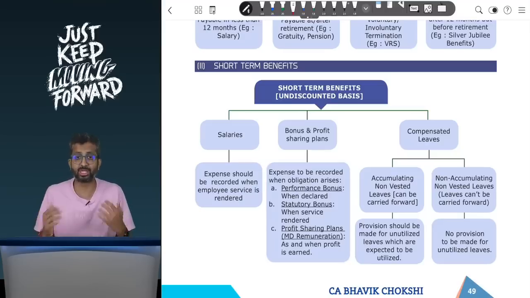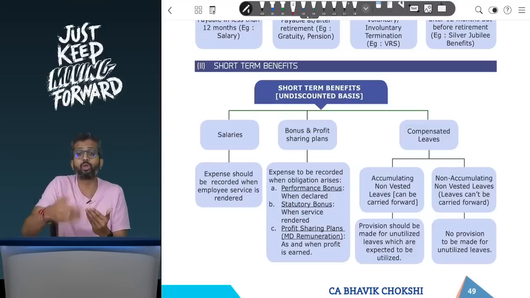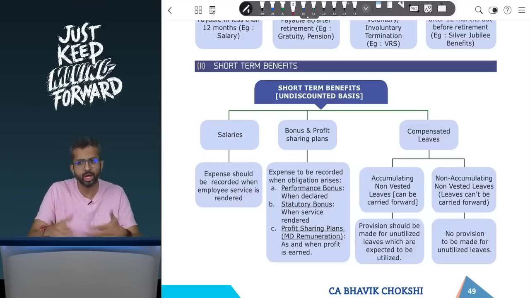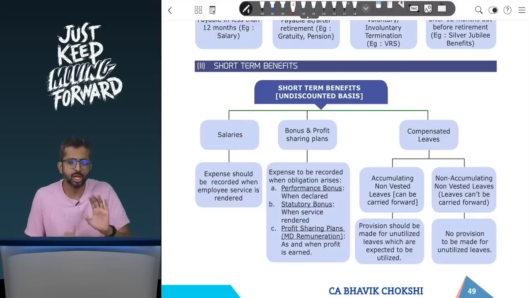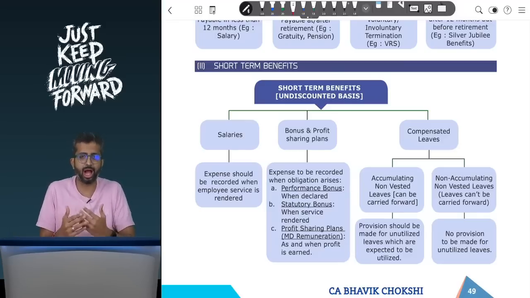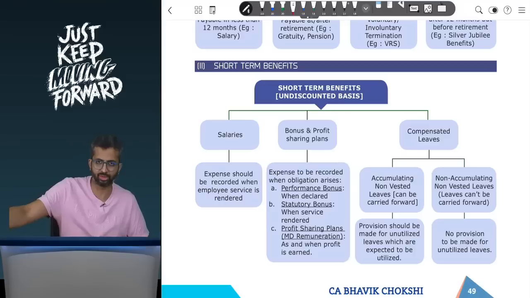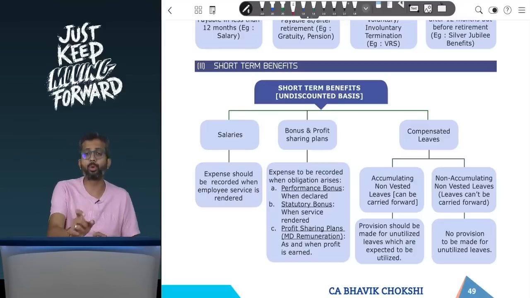However, if it is non-vesting, that is you cannot really claim an encashment, in that case you will see whether you can carry it forward. If no, then you can't carry forward, you cannot encash, in which case there will be no expense, no provision to be recorded. However, if you can carry forward but you cannot encash, in which case you can say that okay, I will probably utilize the leave in the next year, and as a result you should create a provision because the leave accrues in the current year, maybe utilized in the next year.